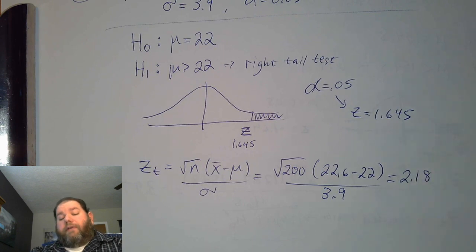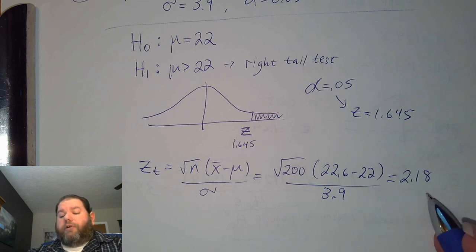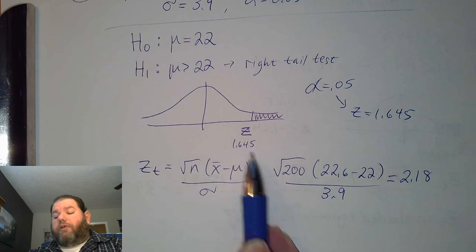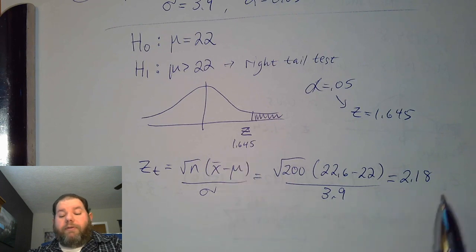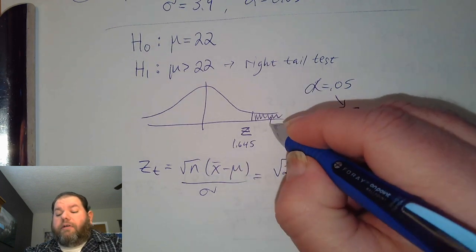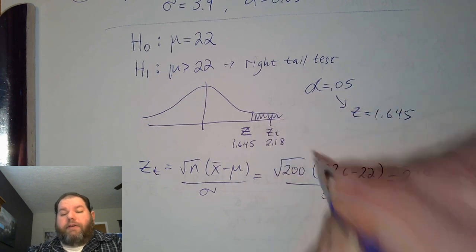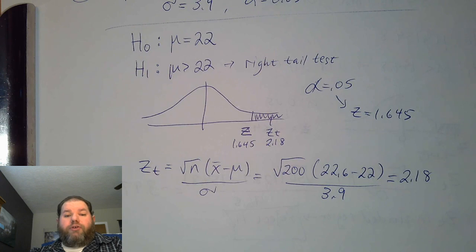So the question is, is 2.18 going to be in the shaded region? Basically, how does our 2.18 compare to our critical value, 1.645? Well, certainly 2.18 is bigger than 1.645, so Z test 2.18 will be to the right, and it will be in that shaded region.